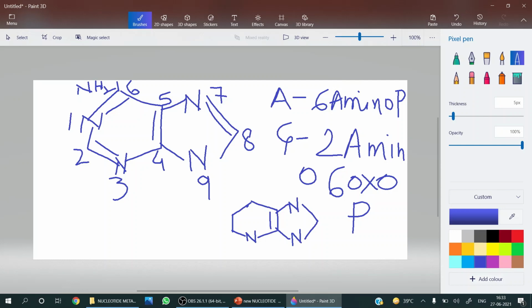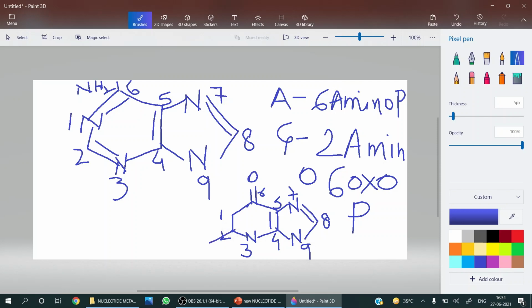Now we will not make this double bond because it is 6-oxo. So at this position we need to put the oxo group. This is the 6th position, starting numbering from here 1 2 3 4 5. This is 6, 7, 8 and 9. So it is 2 amino.